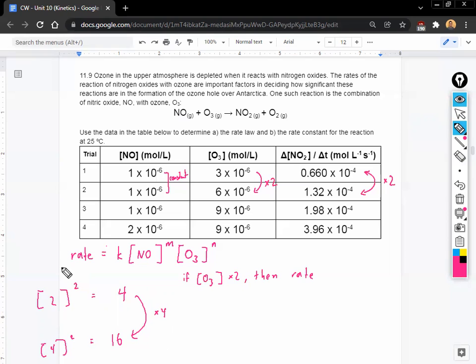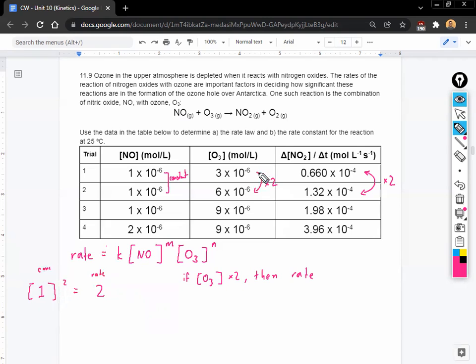Does that make sense? You guys look super lost right now. Okay, so let's rewind. We can all tell that if I double the O3 concentration, the rate also doubles. So let's use numbers that are a little easier to look at. If the O3 concentration is 1, and I square it, the rate is going to be 1. This side is the rate, and this side is the concentration.